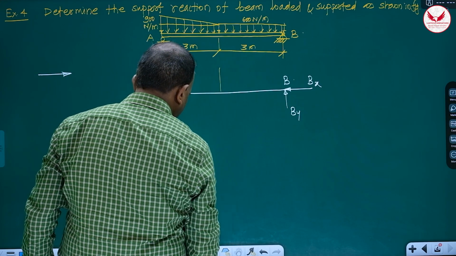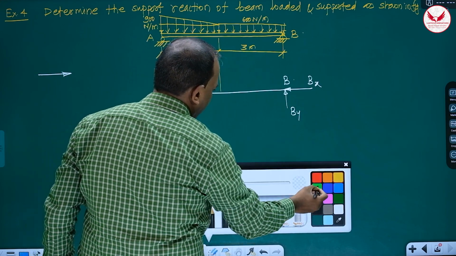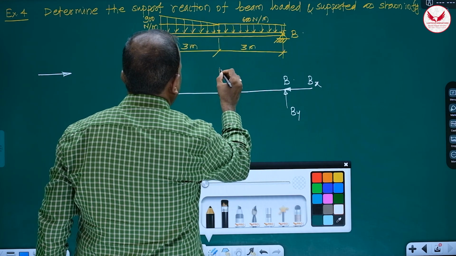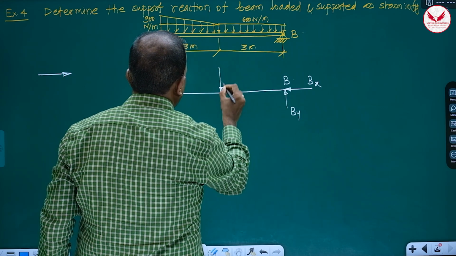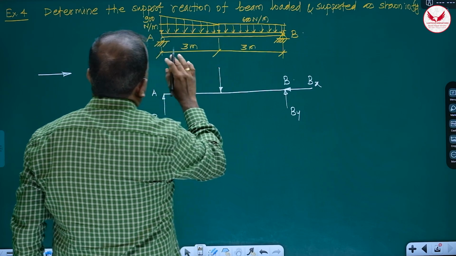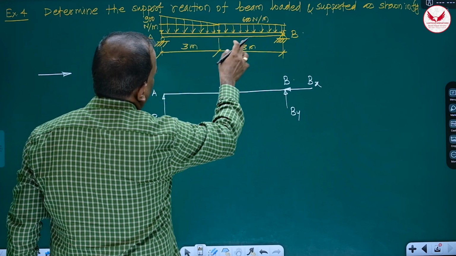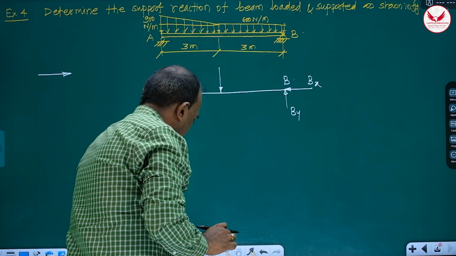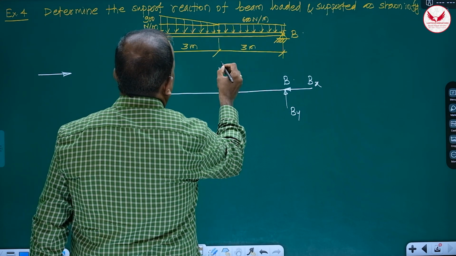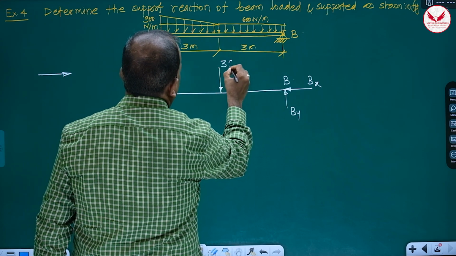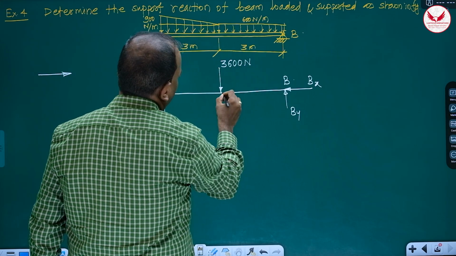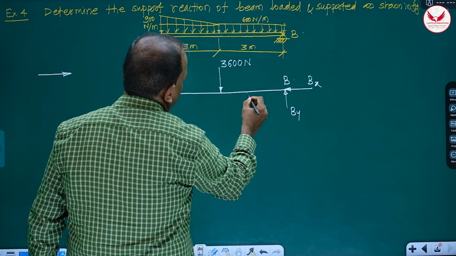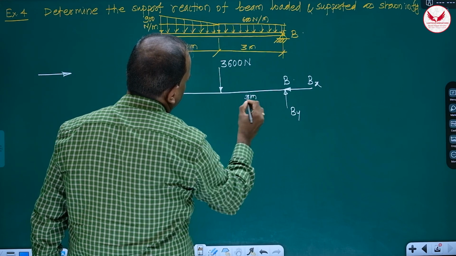It will be exactly at its center, at a distance of 3 meters. How much will it be? 600 into 6, so it is going to be 3600 Newton, and it will act at the center, means this distance is 3 meter as it is.